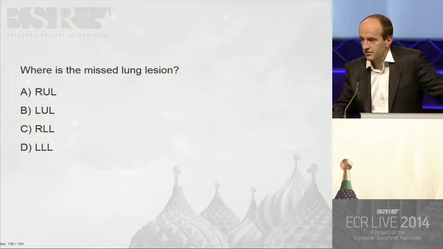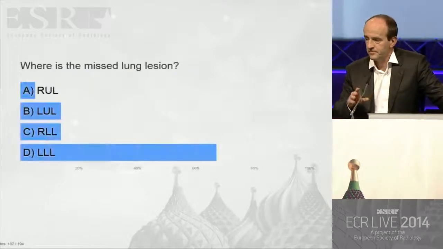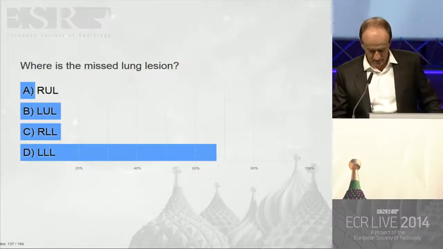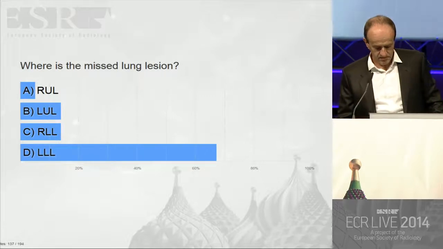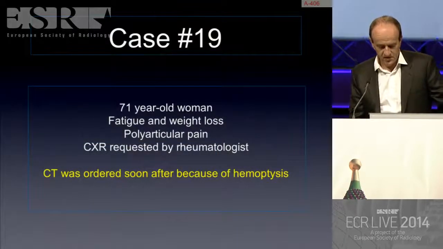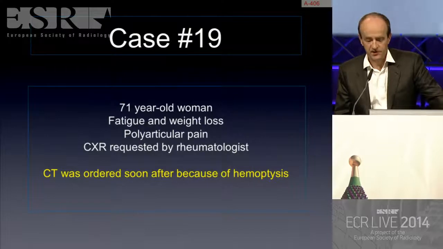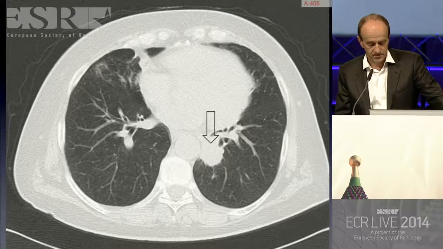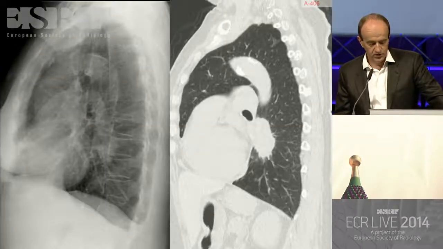Okay, can we see the results? You voted left lower lobe. Very good. Indeed. The next day she had hemoptysis and a CT was performed. And the CT showed this lesion that was not reported. What do we see?